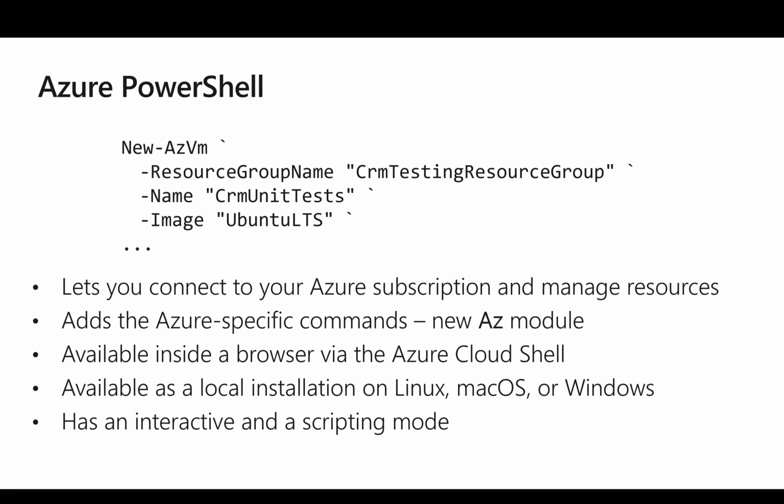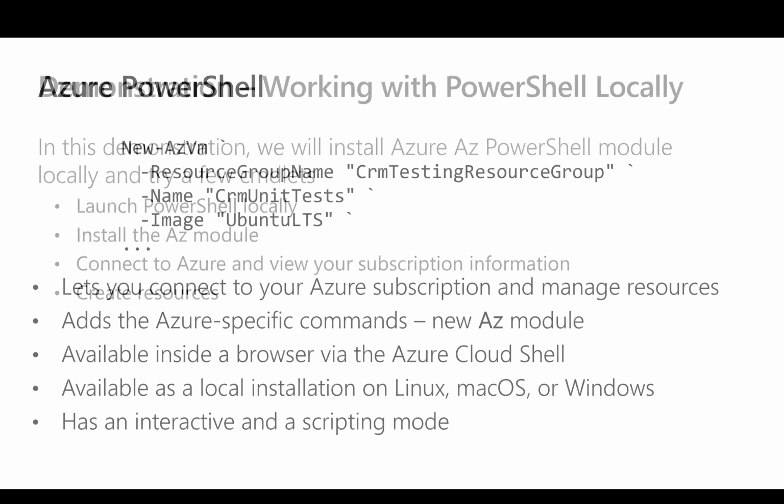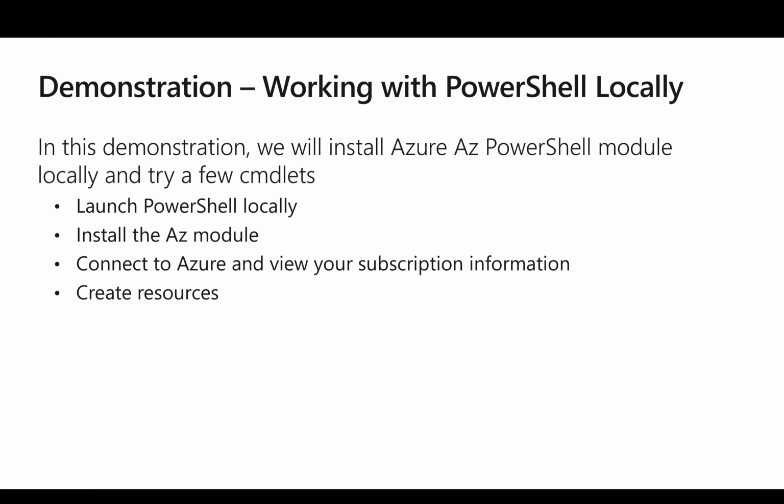We can use it either in interactive mode or through scripting mode as well. We will look at a short demonstration of how to use PowerShell to manage the Azure resources.